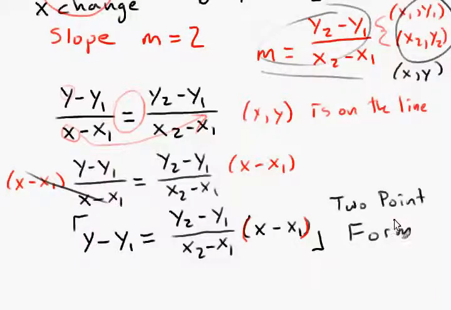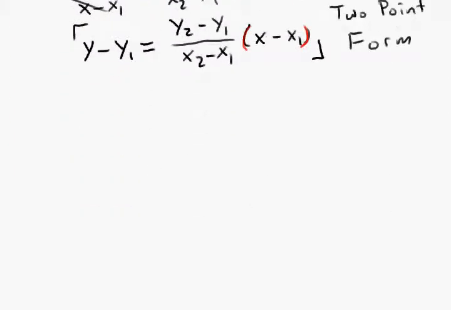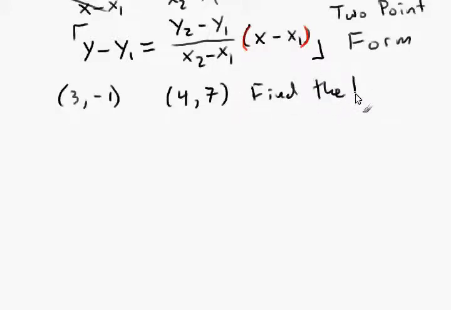How would we use it? Well, let's suppose we're given 2 points, (3, -1) and (4, 7). Then we're going to find the line that passes through both of these points.